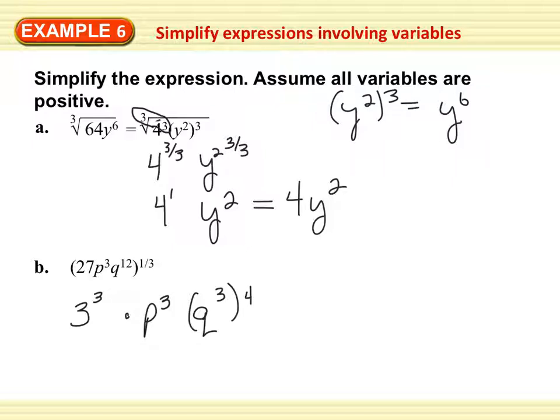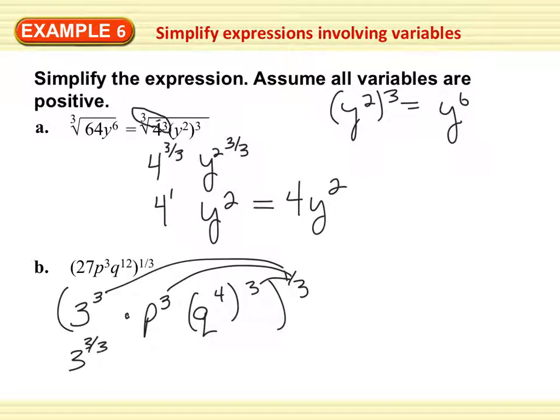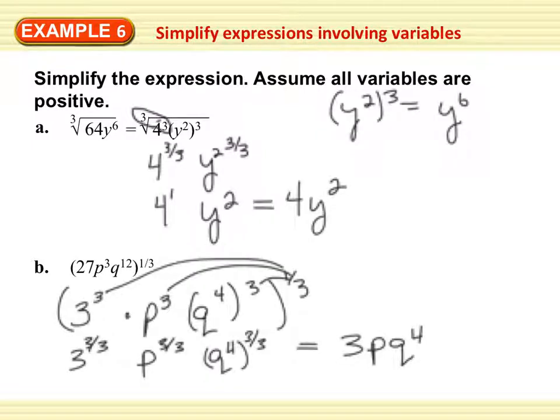I want the 3 to be on the outside, and all of this is to the third power. I can now distribute that power of a power inside, and I'll get 3 to the 3 over 3, p to the 3 over 3, and q to the 4 to the 3 over 3. So I have 3 times p times q to the 4th, right?